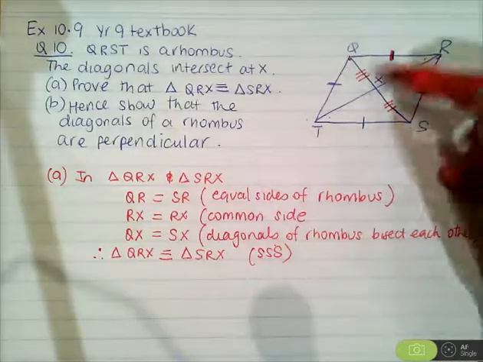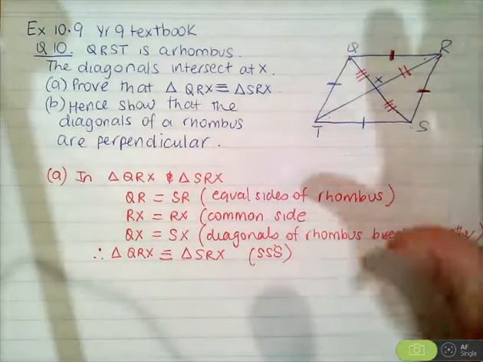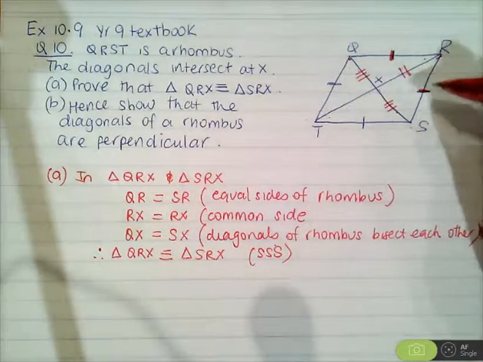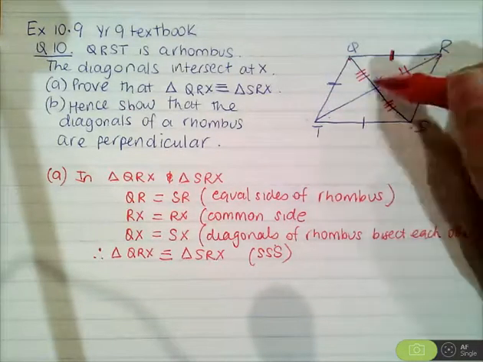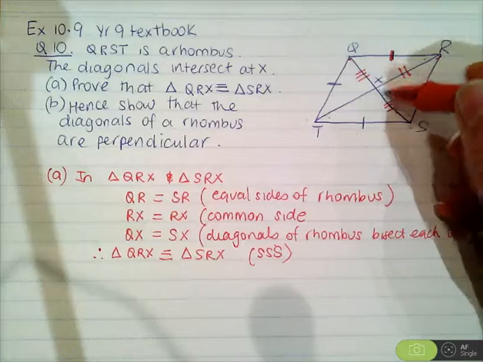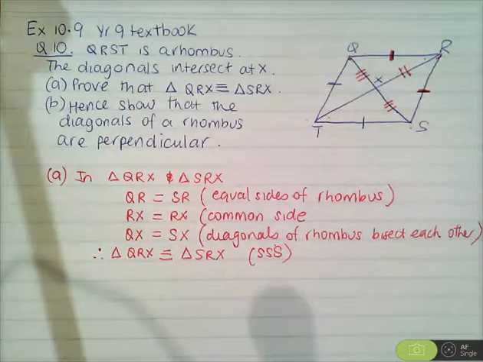Now we've proven all three sides. After we prove that triangles are congruent, our next step is normally to say these are corresponding angles and things like that. So hence we have to show that the diagonals are perpendicular. In other words, we have to show that we've got a right angle here. If we can show that this is a right angle and that's one there, then we can say the diagonals cut each other at right angles.